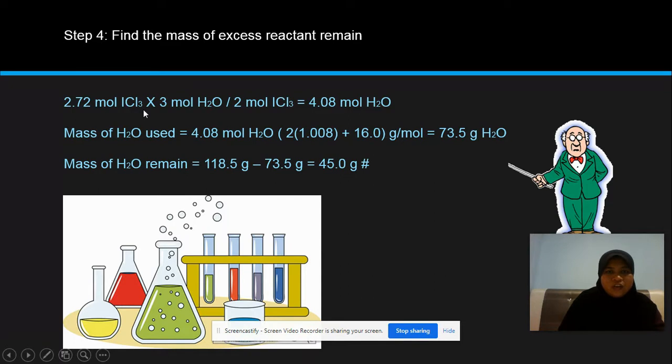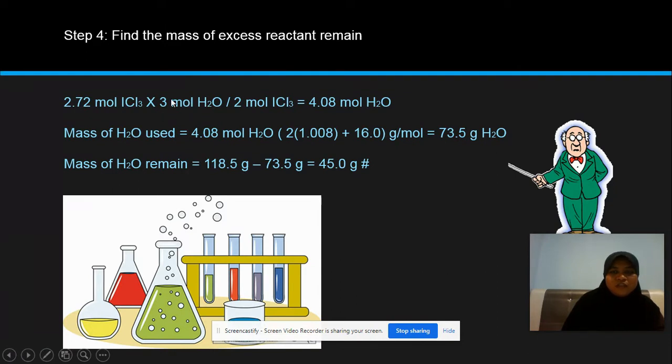Now we have to find the mass of excess reactant remain. We know that the excess reactant is H2O, right? So we do stoichiometry with H2O.